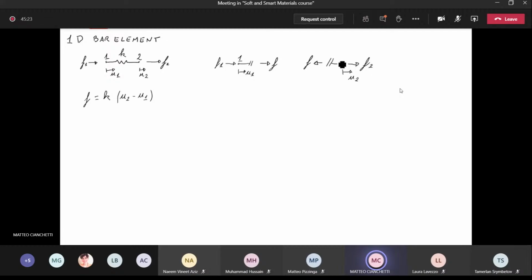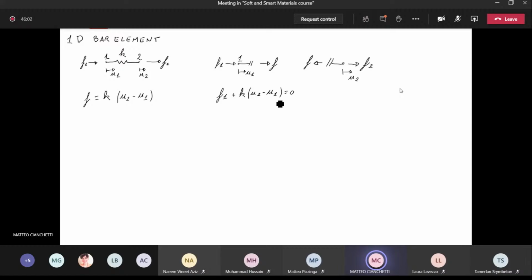Now we can write the equilibrium of the two subsystems. On the left, we have F1 plus K multiplied by U2 minus U1 equal to 0, right? I'm just making the equilibrium of this first part of the subsystem, where we have F1 and F, which we defined as K multiplied by U2 minus U1.